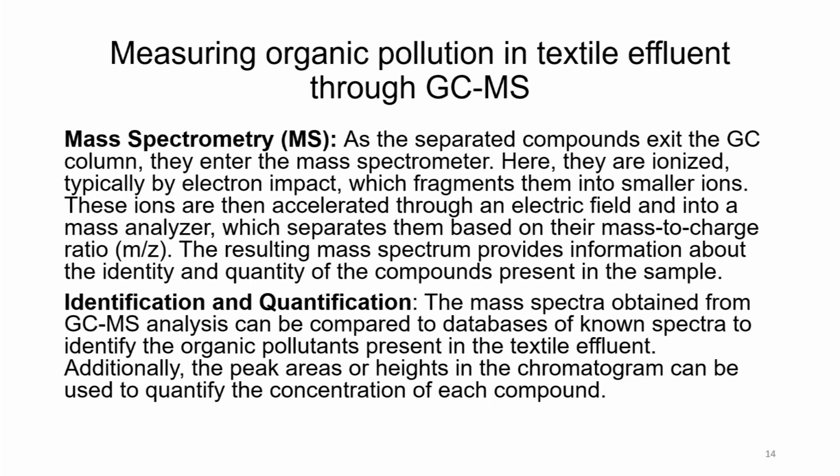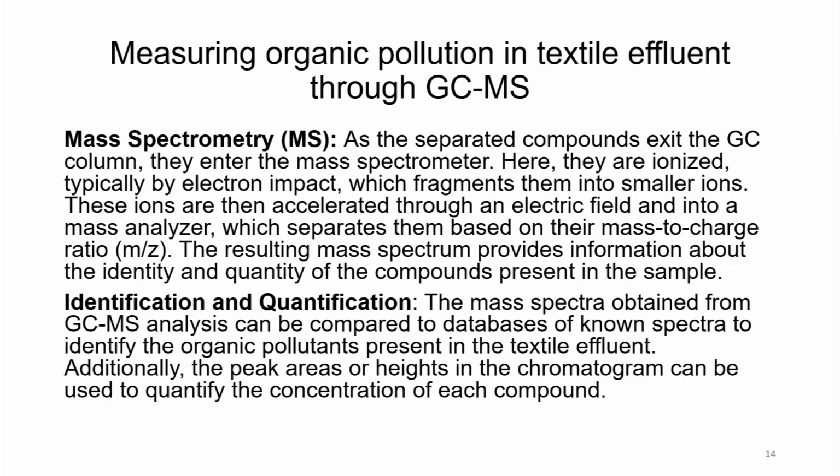Identification and quantification. The mass spectra obtained from the GCMS analysis can be compared to a database of known spectra to identify the organic pollutants present in the textile effluent. They have big libraries.